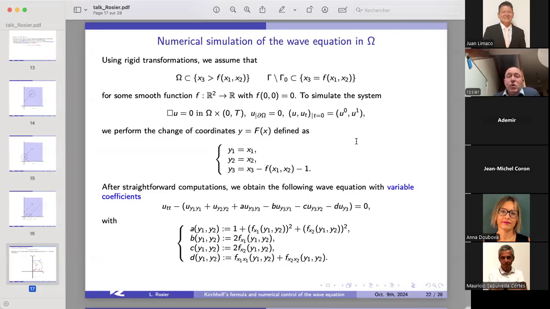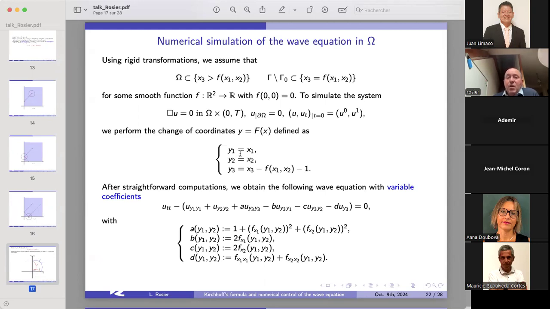So we want to simulate, of course, the wave equation in the big domain with Dirichlet boundary condition. To do that, we want to use a method in a box, and so we have to straighten this surface. So we want to have a plane instead of the surface. The way to do that, of course, is to make a change of independent variable.